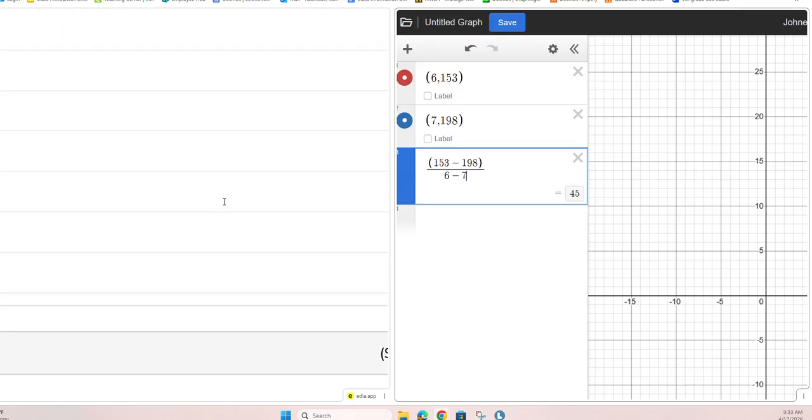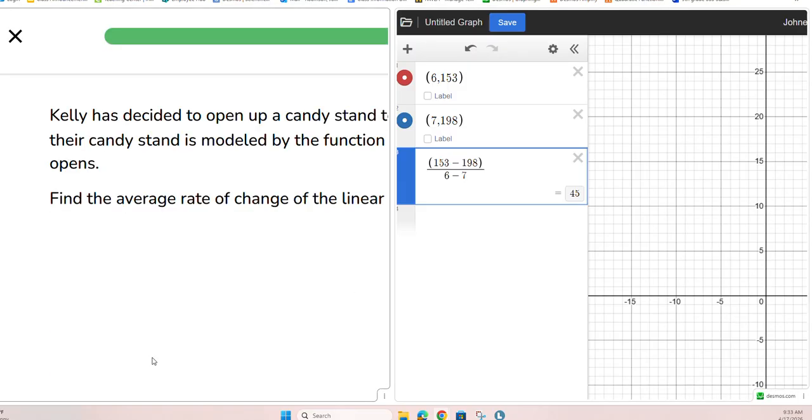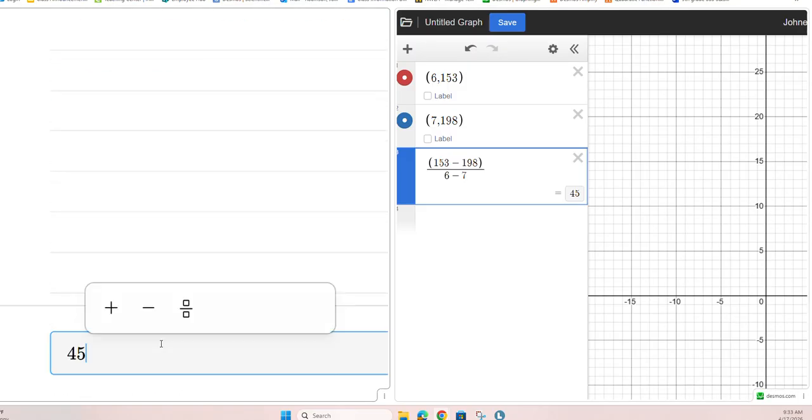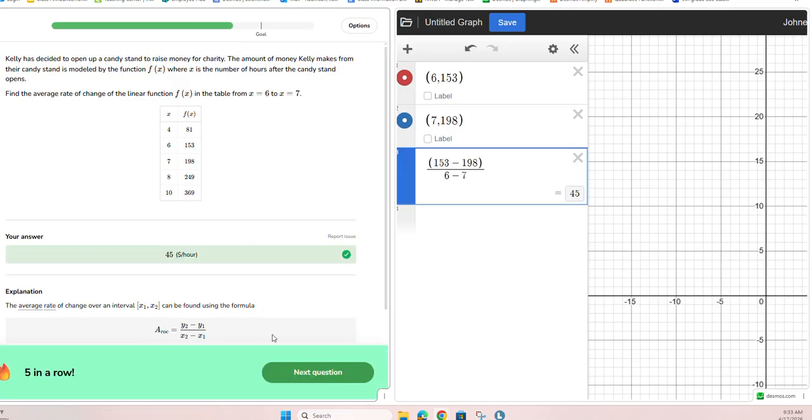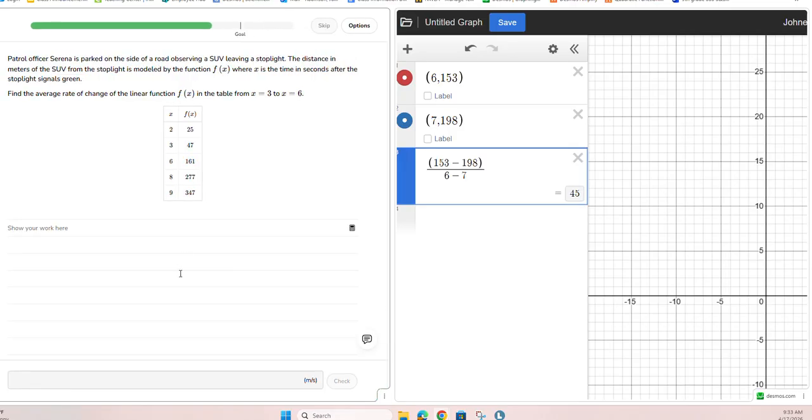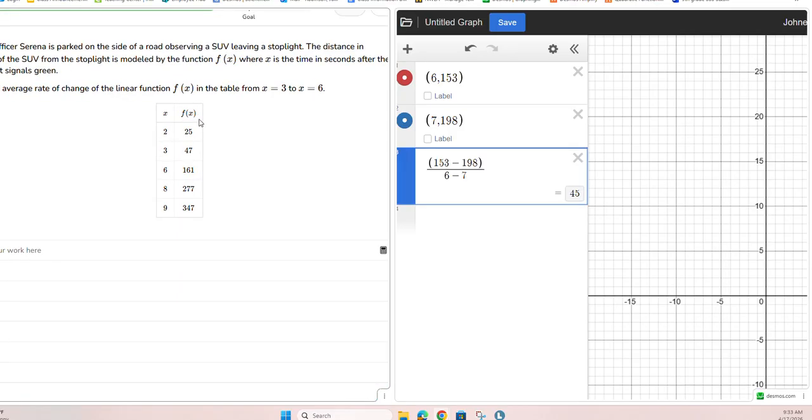Look at that, 45. Okay, 45. Check my work. Indeed.